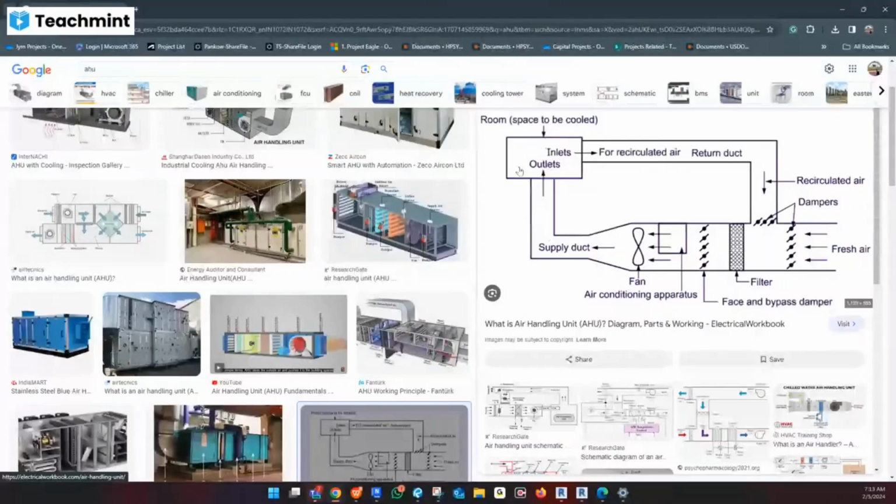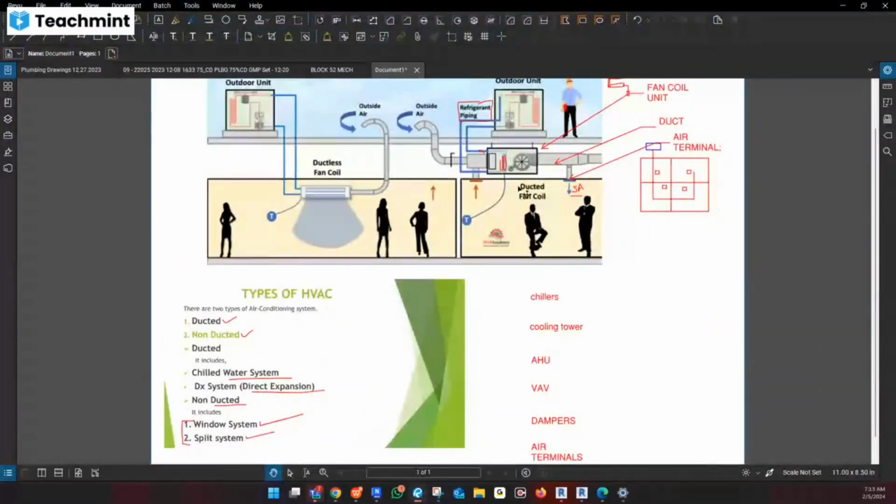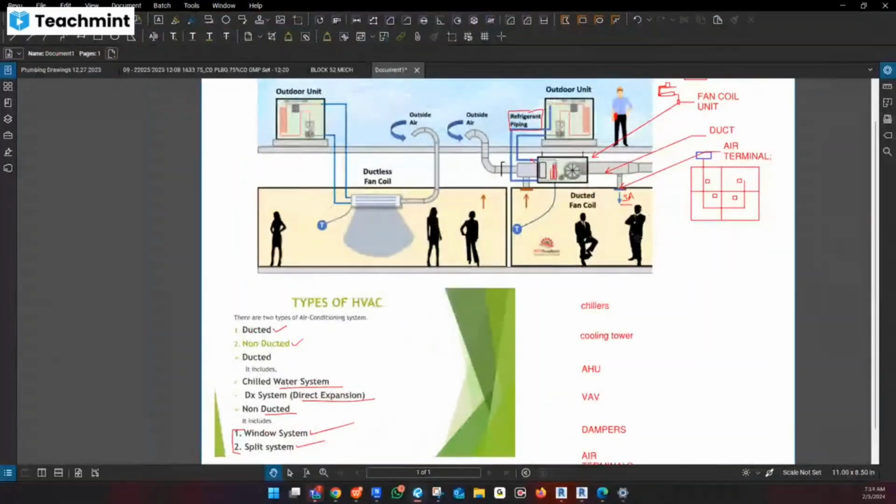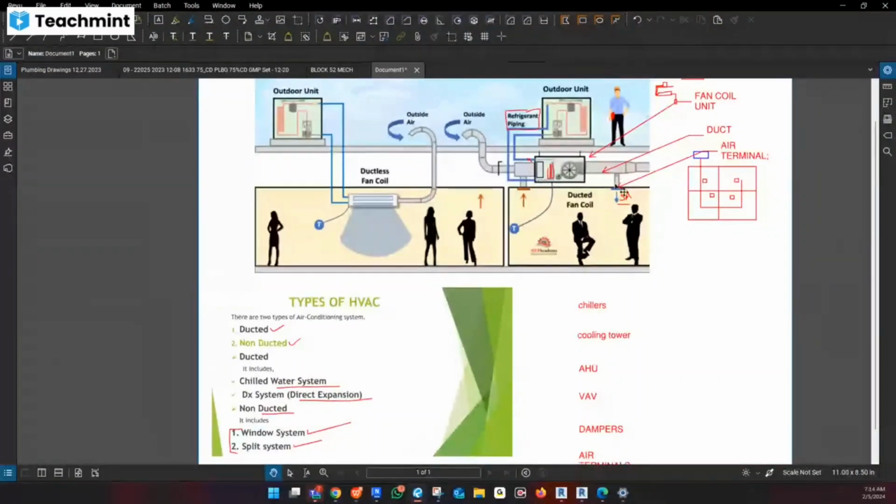In HVAC, whatever air goes inside the room, there is a probability to recirculate that same air with the same CFM value and go back to the machine. For example, in this room, let's say 500 CFM air will come through this duct.